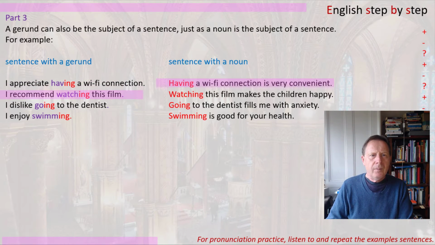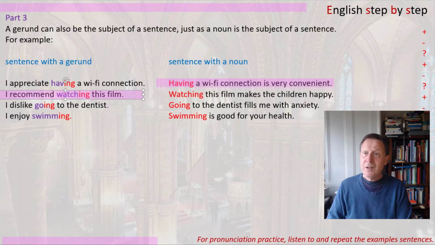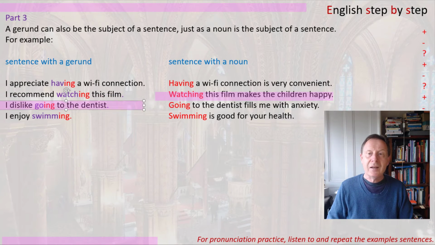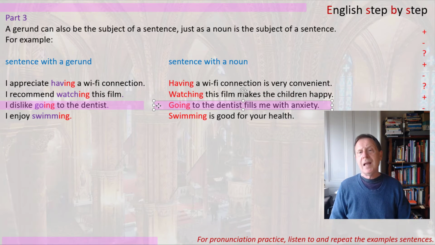Another example, I recommend watching this film. Now we can make watching the subject again, like this. Watching this film makes the children happy. Next example, I dislike going to the dentist. So, if we put going at the beginning, we can make a sentence like this.